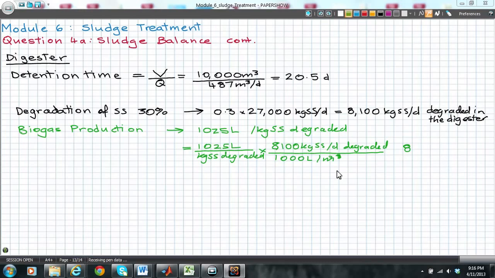Which is 8,303 cubic meters of biogas produced per day.